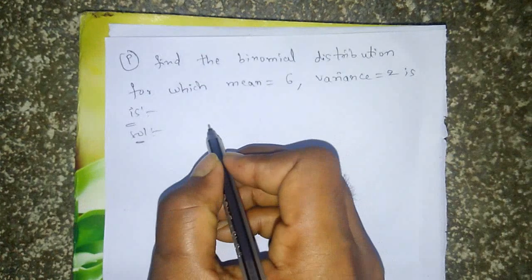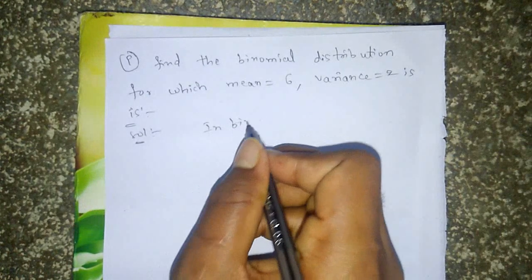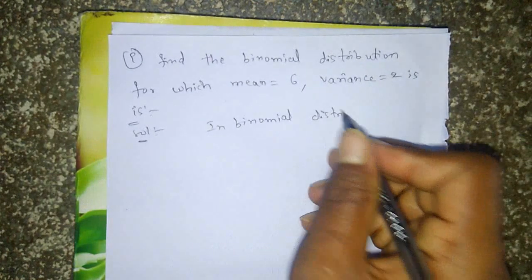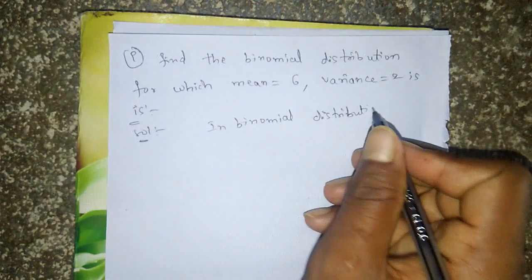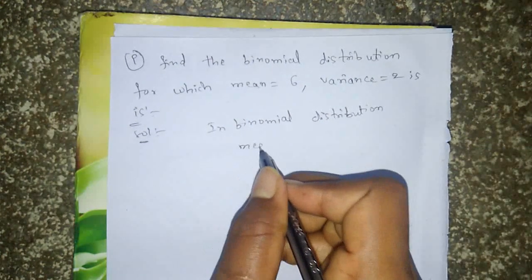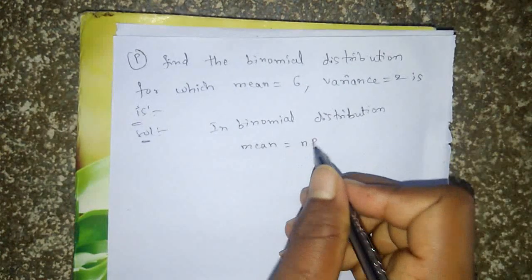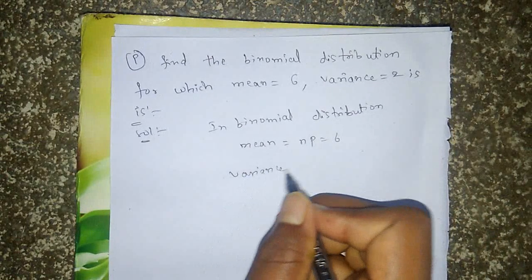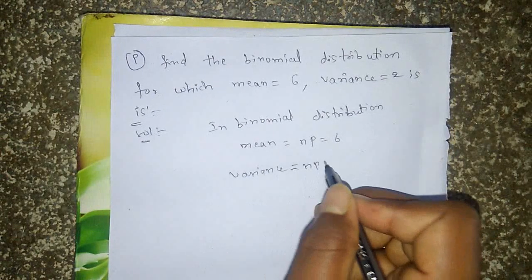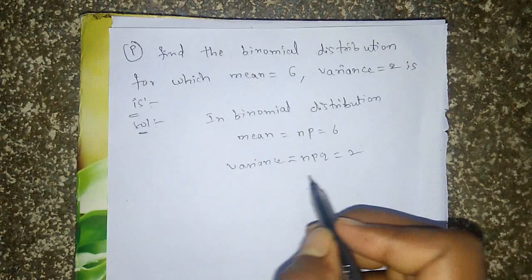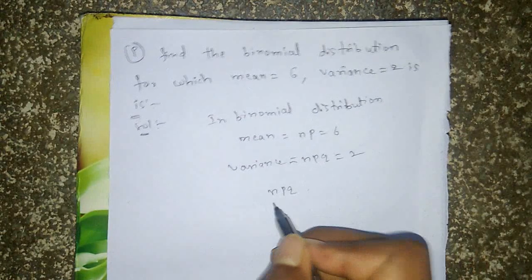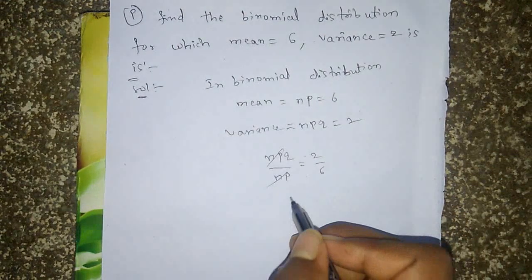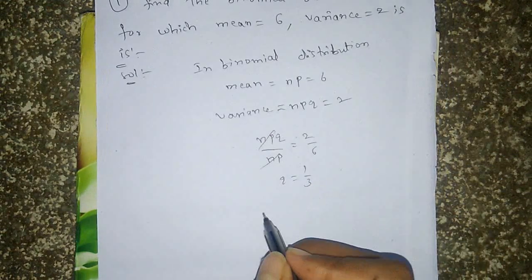So in a binomial distribution, mean is given by np, that is given as 6, and variance is npq, that is given as 2. Now npq by np is 2 by 6. Here np gets cancelled, therefore q is equal to 1 by 3.